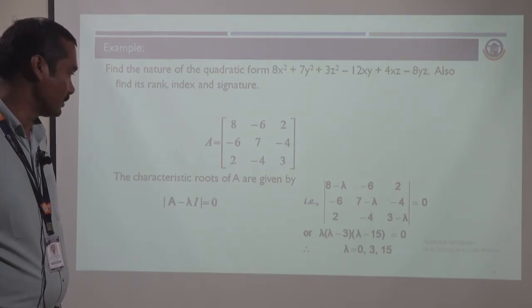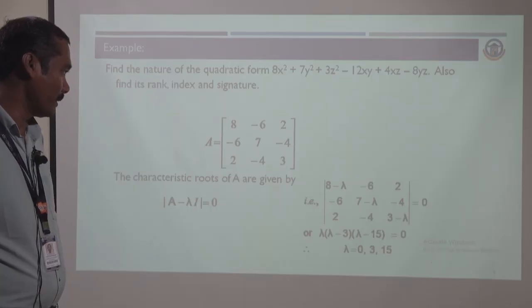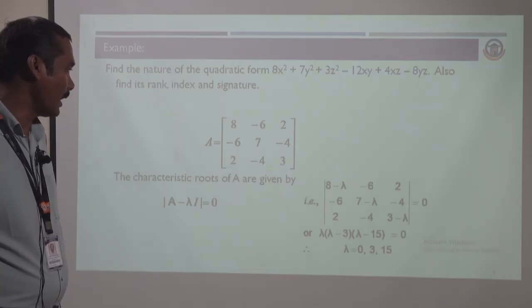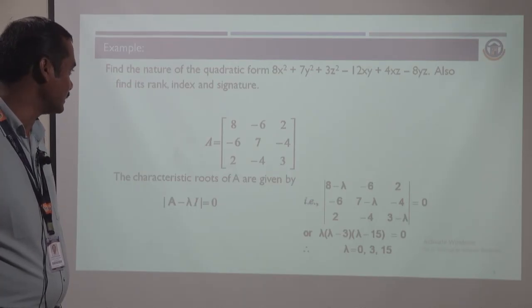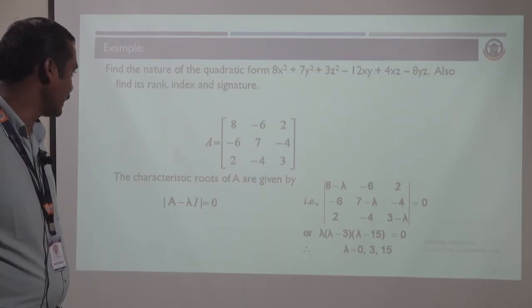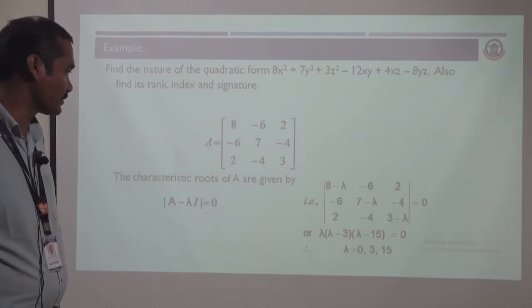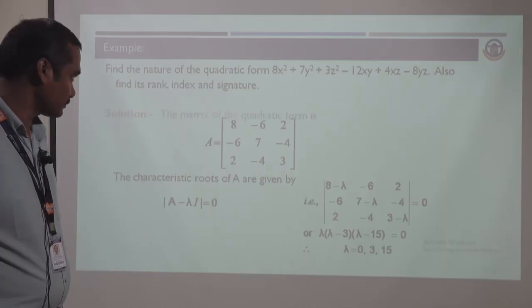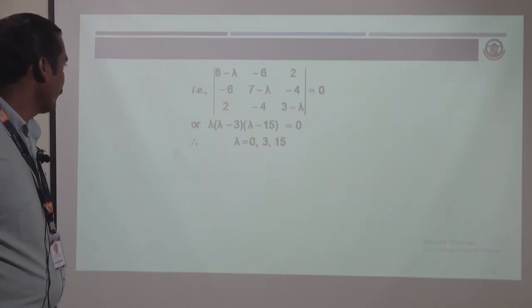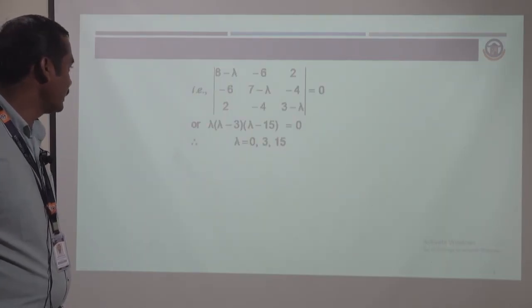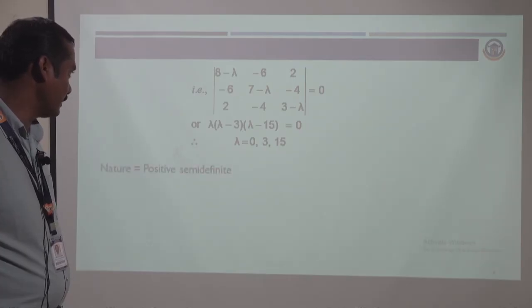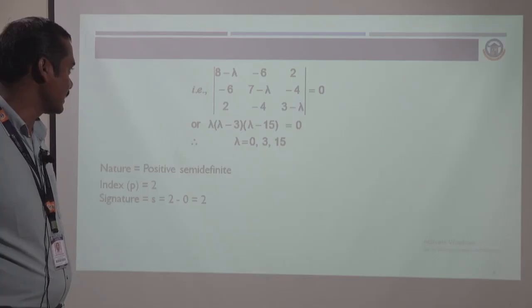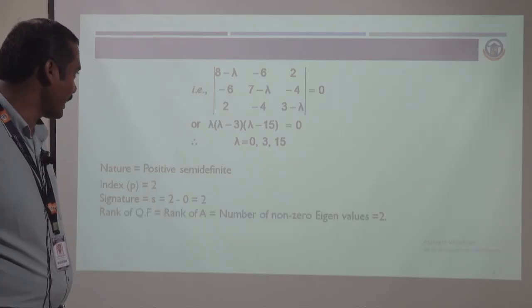Then solve it, which gives the values of lambda. These values are the eigenvalues of the matrix A, that is, the roots of the characteristic equation. Based on these eigenvalues, we can classify the nature and find the index, signature and rank.